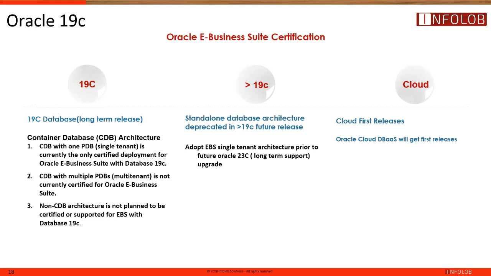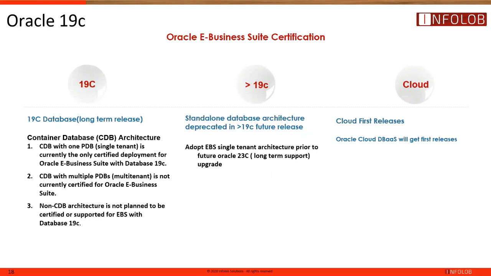You can still use a non-container architecture in 19C, but it is better to adopt multi-tenancy in 19C before the next release strikes, which is 23C, a long-term release again after 3 years. By the time you get the next long-term release, you are already on a multi-tenancy architecture, and the upgrade will be seamless for many of the customers who are on multi-tenancy with 19C.